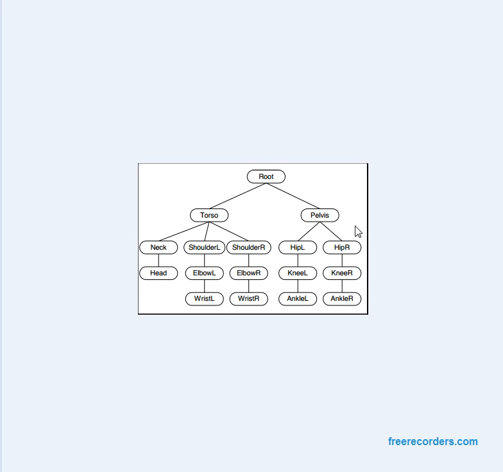A lot of models choose the hip or pelvis instead of an arbitrary root as the center of gravity, because the pelvis and the hip are generally located around the center of gravity, and then everything else inherits from that. So connected to the pelvis, you have the left hip and the right hip, and connected to the left hip and the right hip, you have the left knee and the right knee, and so on. And so, by association, the ankle is connected to the pelvis through the knee and the hip.